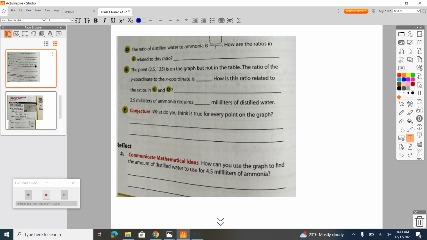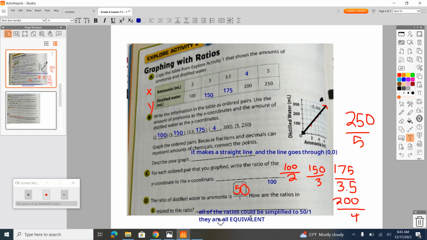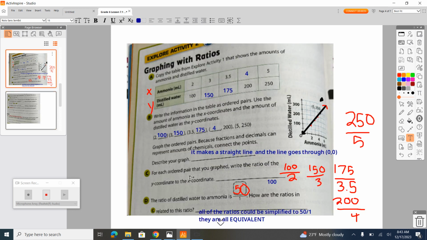And now you could fill this out, the division of water. How are the ratios related? It didn't copy. So that's what I would want you to have here. All of the ratios could be simplified to 50. They are all equivalent. Let's do that. Control C.